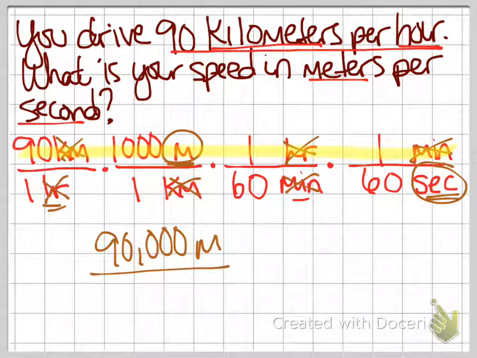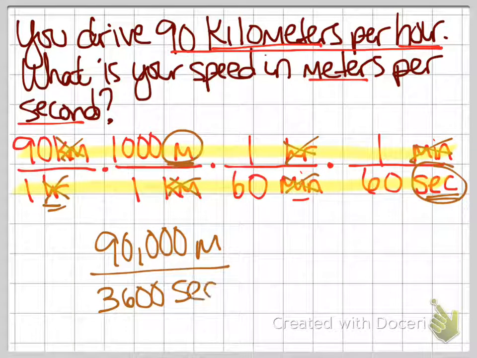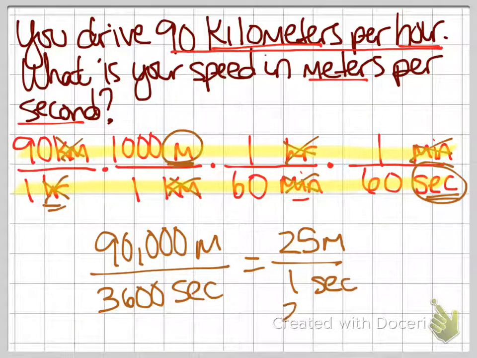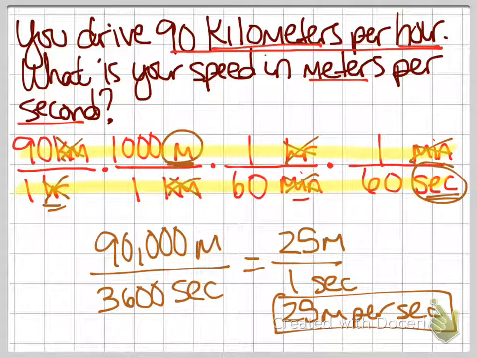And when we multiply across all these numbers on the bottom, we are going to get 3,600 seconds. When we simplify this, we're going to get 25 meters over 1 second, which we could write as 25 meters per second. And we've done our conversion factor.